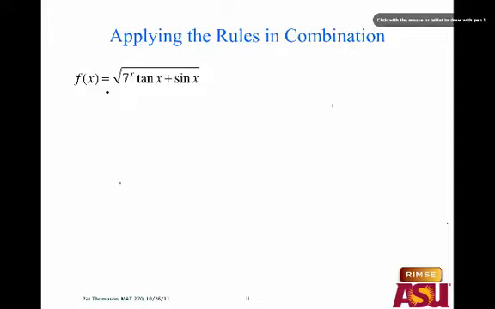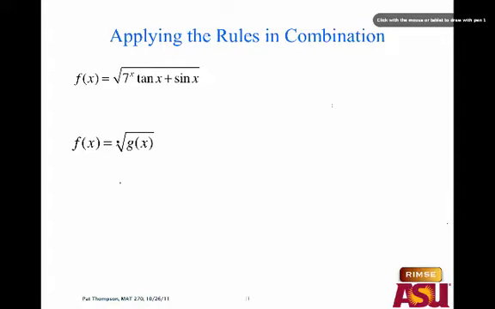Okay, here's another example. Function f. Consider this an accumulation function. We want to find the exact rate of change function, which is the derivative. Always first identify the structure. So what is the structure of this function f? Well, the big picture of it, or the structure of it, is the square root of some function.